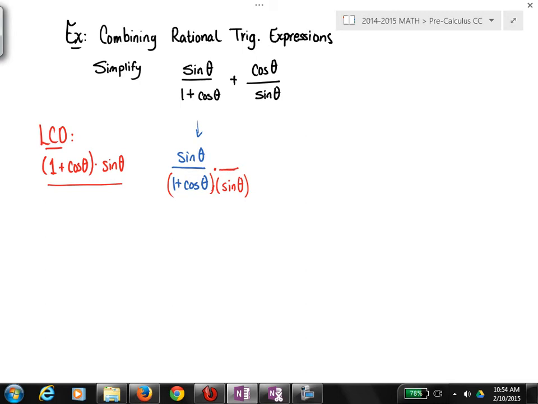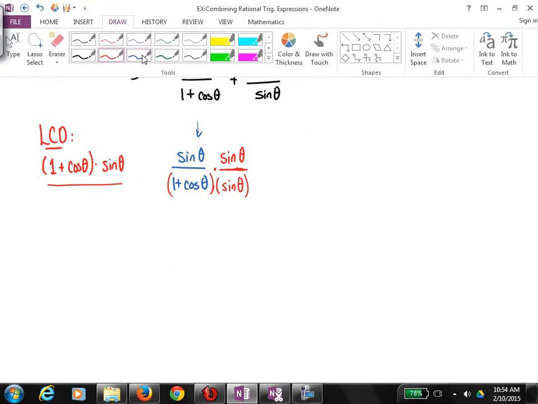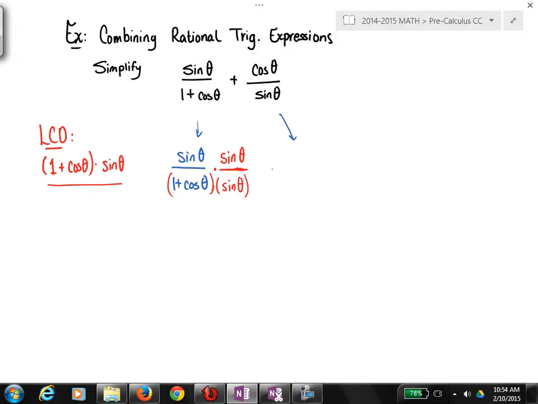So I needed to add that, and so that I don't change this expression, I have to also multiply it by sine of theta. And the reason, again, it's sine of theta over sine of theta is so that the denominator matches the one that I wanted.